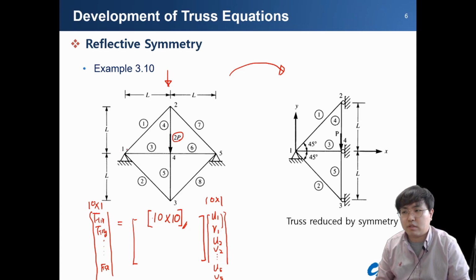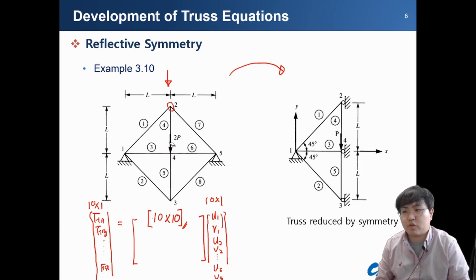Especially, this point is already fixed, so the result will be equal to 0. And then the remaining nodes, due to this y-axis force, will be deformed in the y direction only.